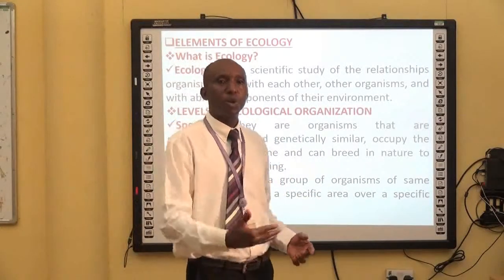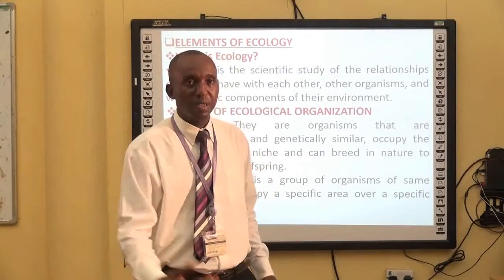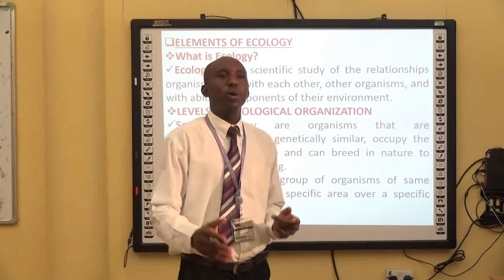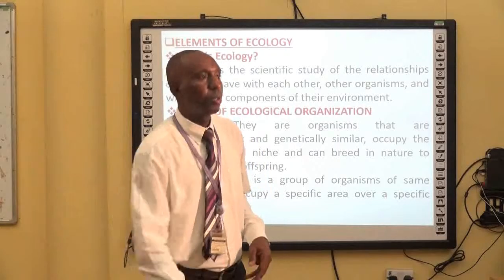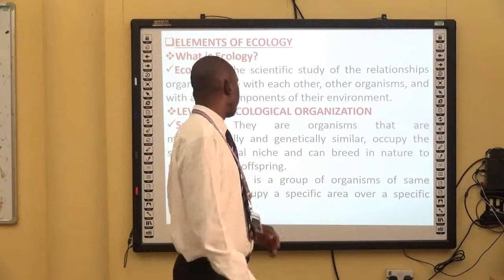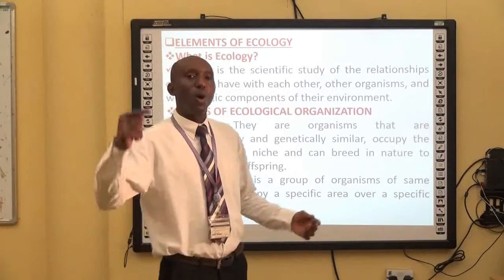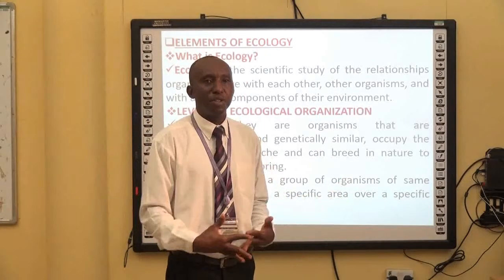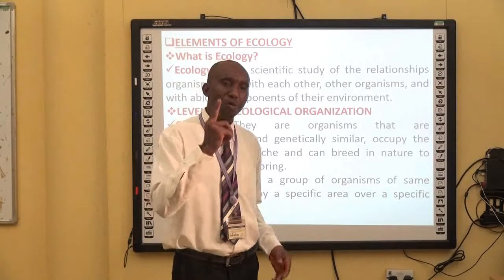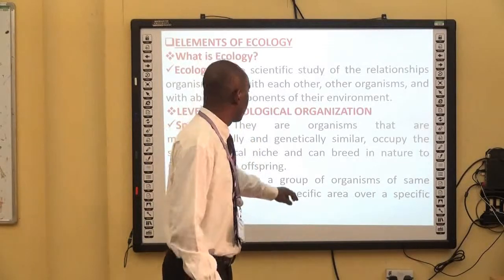You can have a population of agama lizard in Mountain Top University. You can have a population of frogs or of butterfly. But you cannot have the same population of frogs and butterfly mixed together. For them to be a population, they must be of the same species.